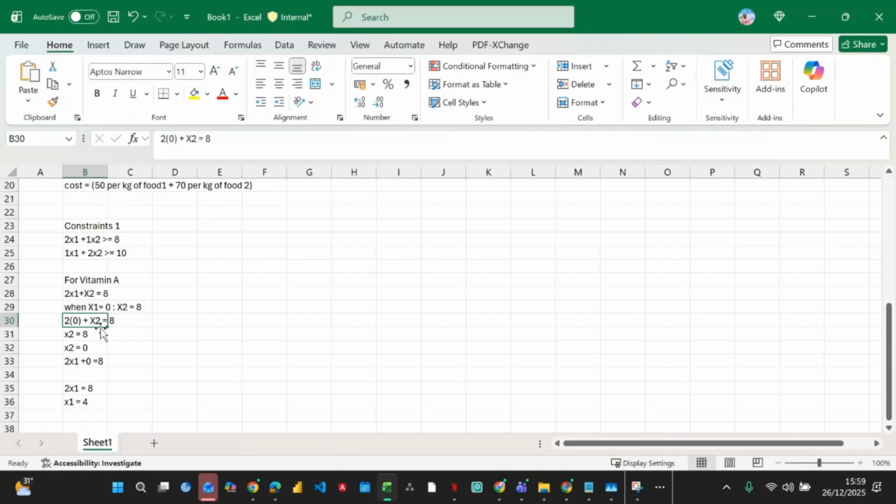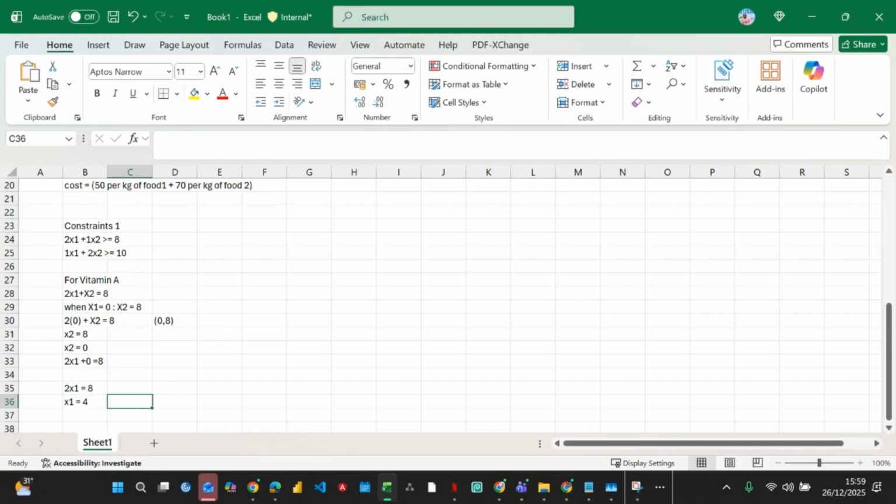So what this means is, if we use 8 units of food 2 and 0 units of food 1, the vitamin A requirement will be met easily. Then this gives us a point, and we need to put that on the line graph.